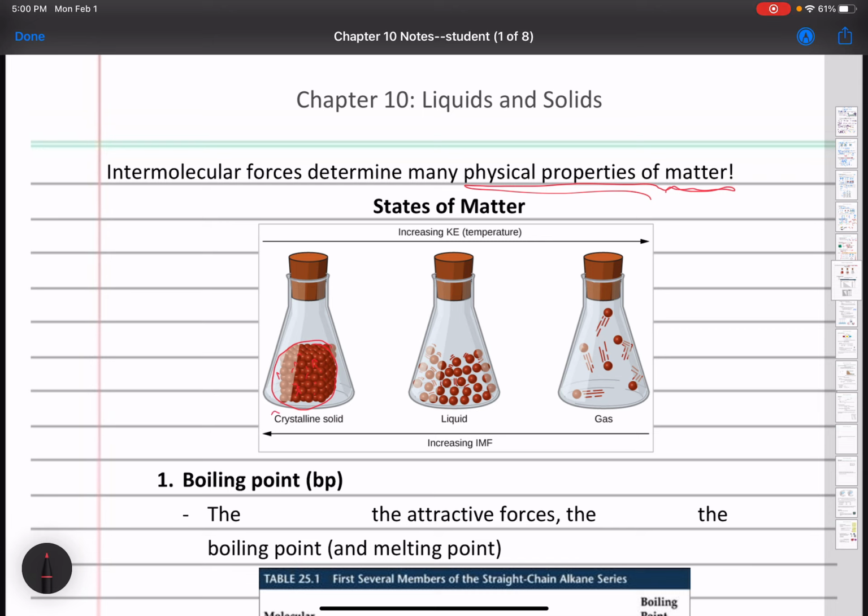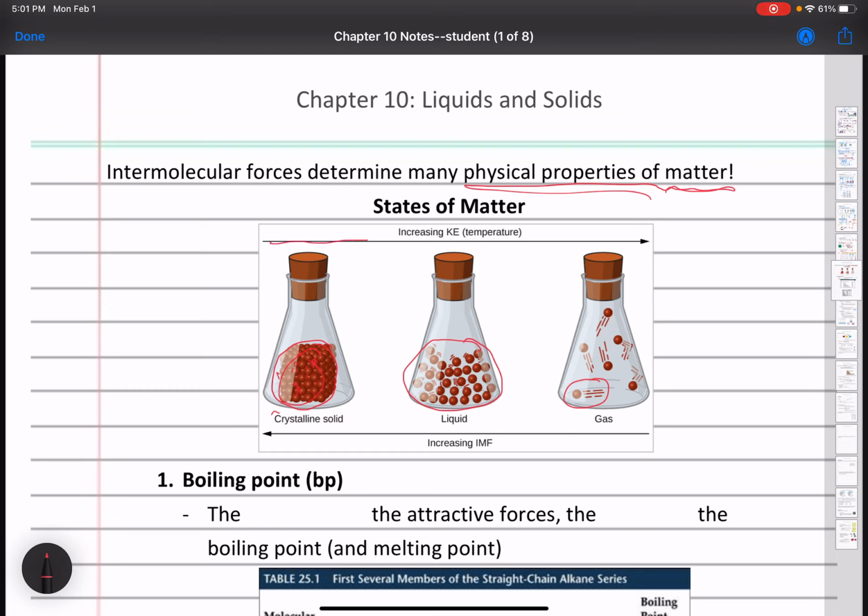In a liquid, you have weaker intermolecular forces, so some atoms or molecules are close enough to have attractive forces, but they are somewhat weaker than in that solid state. And then lastly, in the gaseous phase, the molecules or atoms are bouncing around so fast that they're not engaging in any intermolecular forces because they're just moving too quickly.